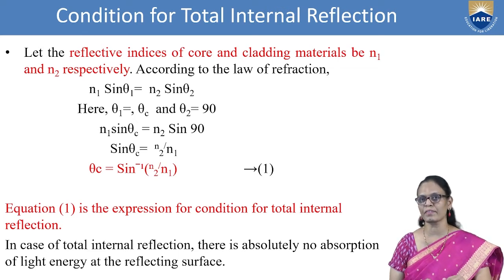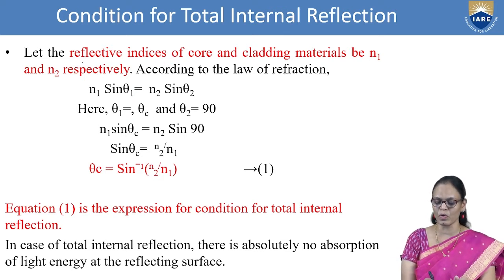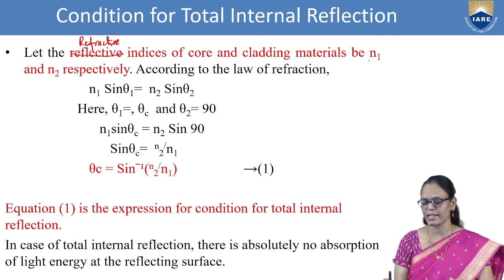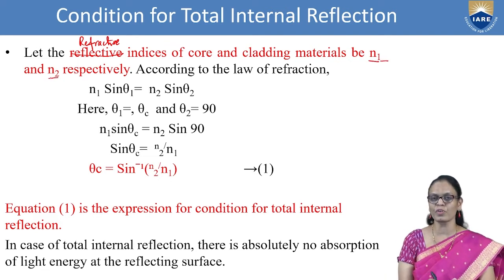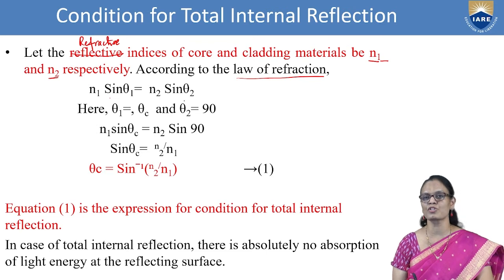Now let us derive an expression for the critical angle. We have considered the refractive indices of the core and cladding as N1 and N2. N1 for core and N2 for cladding. So according to the law of refraction, N1 sin theta 1 should be equal to N2 sin theta 2.